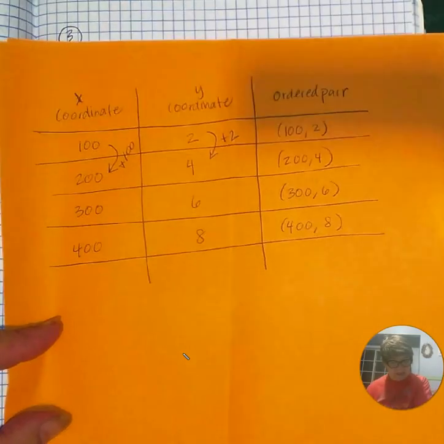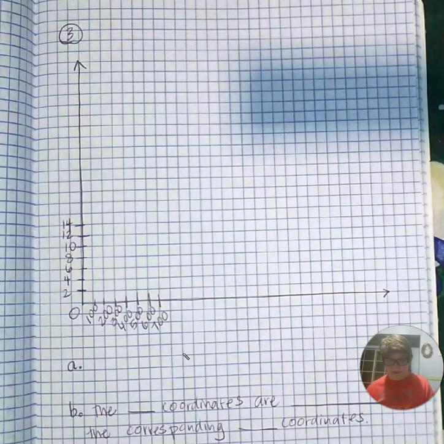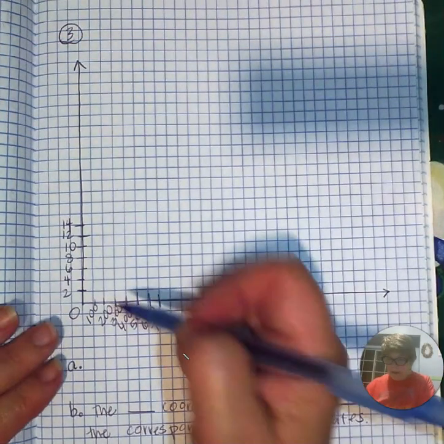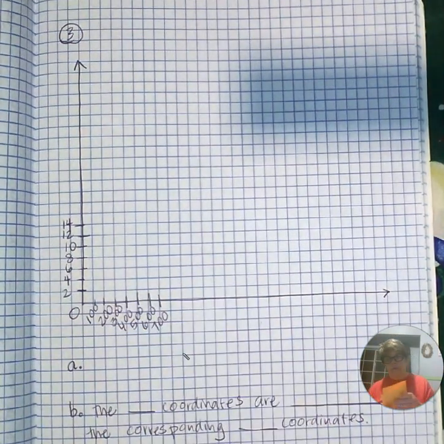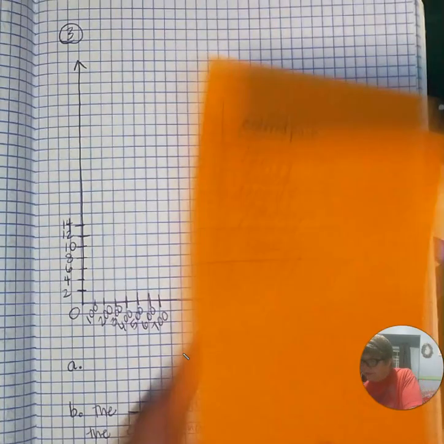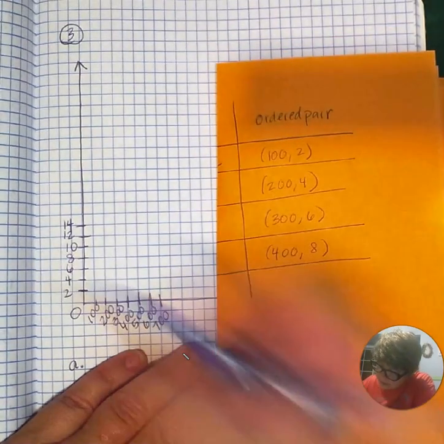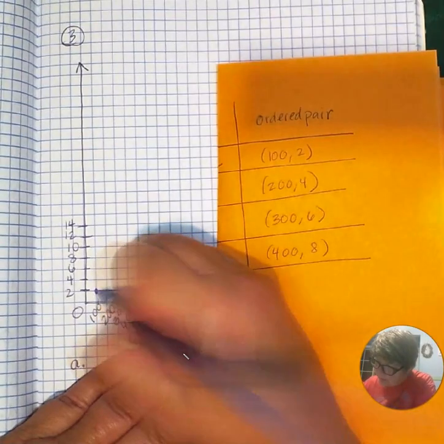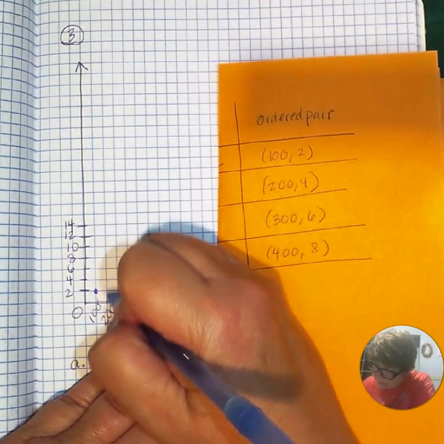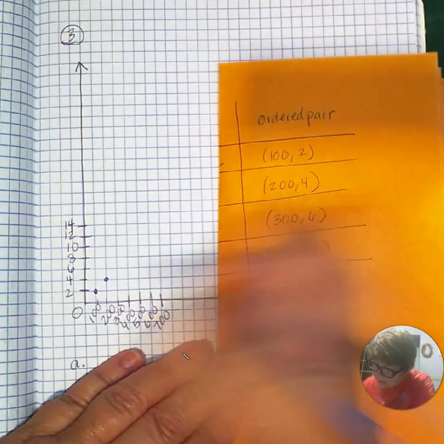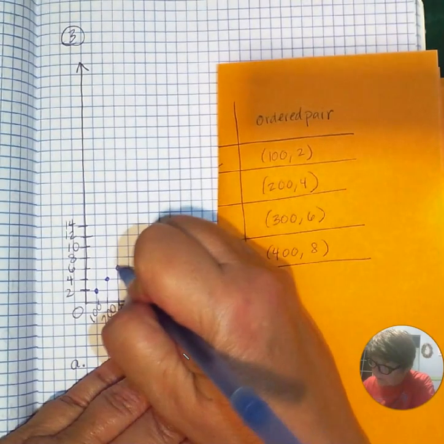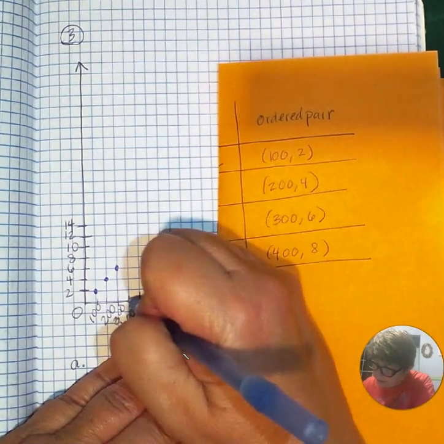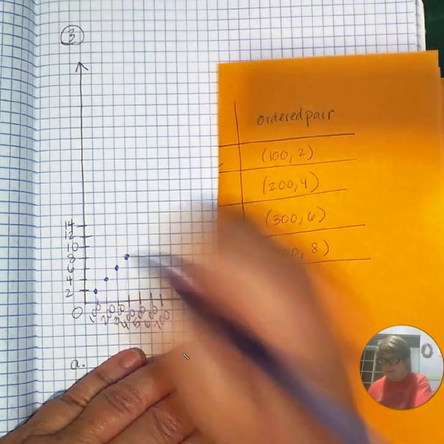Okay, so let's plot our points. Put it over here for us. 100, 2. 200, 4. 300, 6. 400, 8. Oh, that's a nice line.